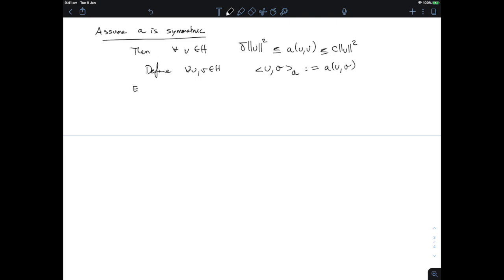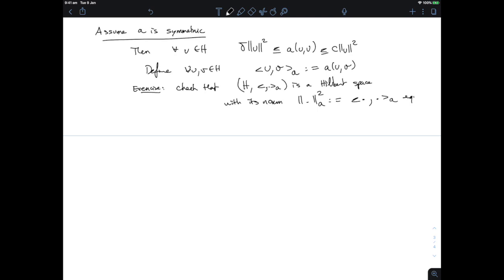So, exercise: you can check that H with this new inner product is a Hilbert space, and so its norm, which I'm going to denote by the norm adapted to A, which is the inner product of whatever it is by itself, if you square it, is equivalent to the original norm.